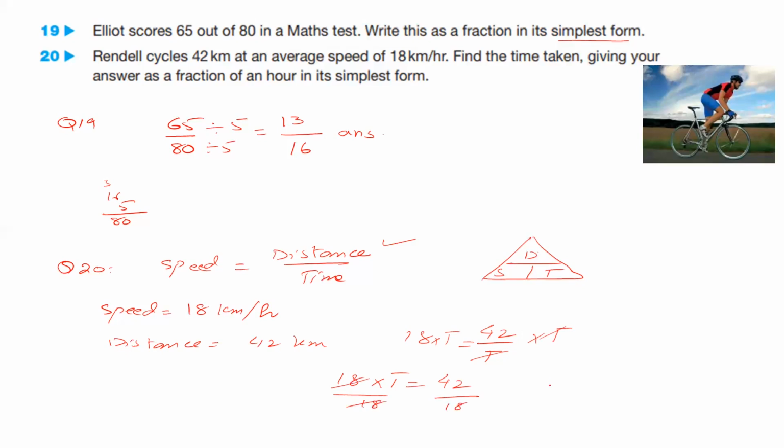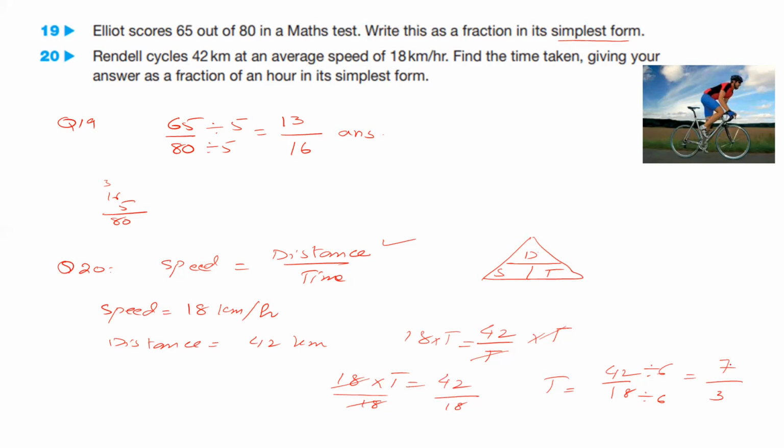So we get time equals 42 upon 18. Now we need to get the simplest form. So we divide both numbers by their highest common factor, which is 6. So 6 times 7 is 42 and 6 times 3 is 18.